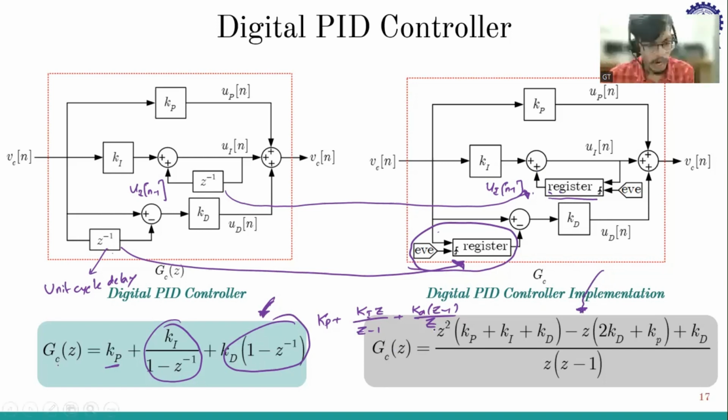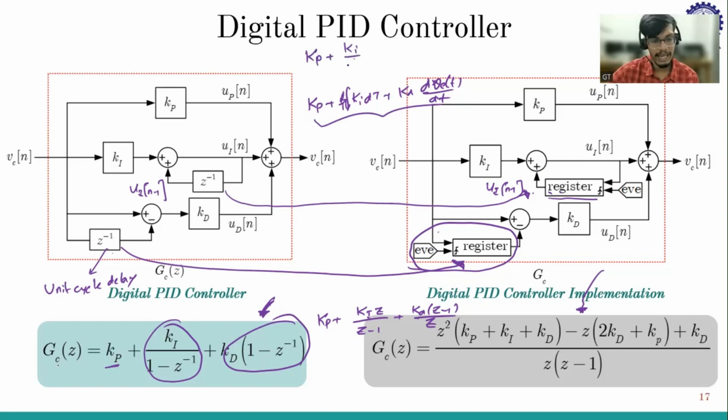So in analog control, we know it is Kp plus Ki integral of Ve dt plus Kd into derivative d Ve of t by dt. This is in the analog domain, and if you take the S transformation, you will get Kp plus Ki by S plus KdS, the ideal transfer function if you do not consider any tau d.